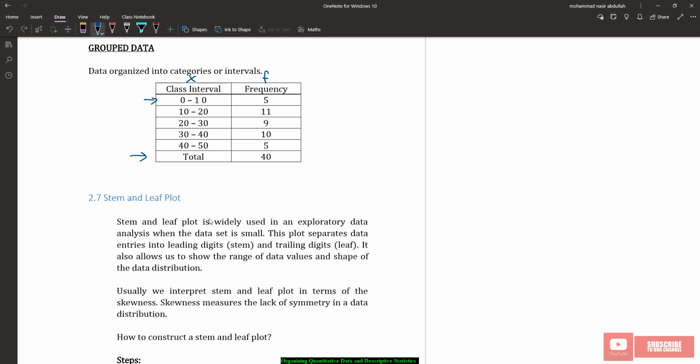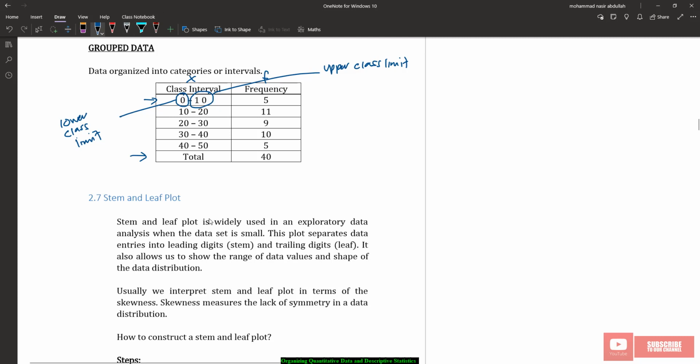Before we go further, let me introduce the terms that we use for a grouped quantitative data frequency table. The first value here we call the lower class limit. The upper value here we call the upper class limit.